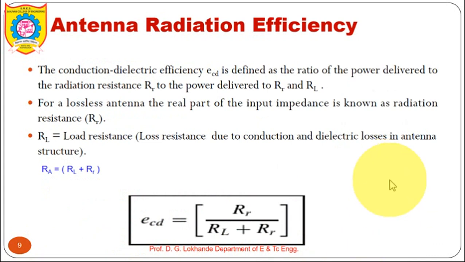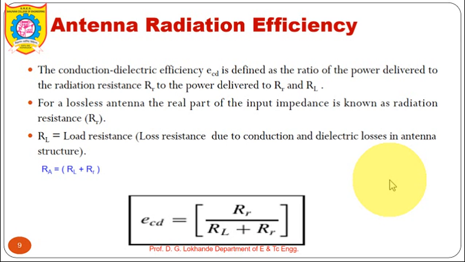Finally, we need to observe the antenna radiation efficiency. The conduction dielectric efficiency ECD is defined as the ratio of the power delivered to the radiation resistance RR to the power delivered to RR and RL.